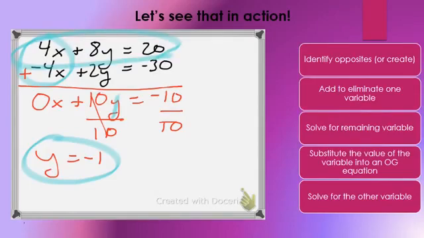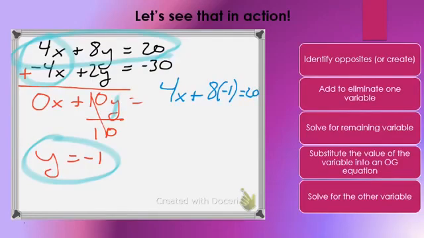I'm going to erase right now, up here, to give myself a little bit of room. I'm going to go 4x plus 8. Now y equals negative 1, so I'm going to substitute negative 1 in for y, and that will equal 20. Now I solve for the other variable, which is step 5. 4x plus 8 times negative 1, that's plus negative 8, or minus 8, equals 20.